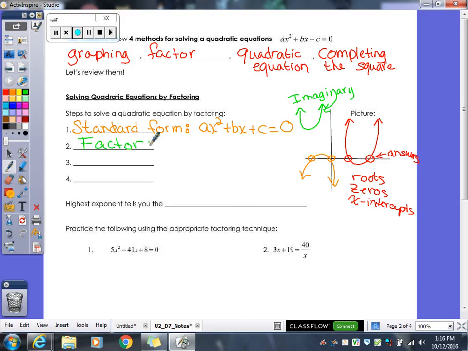Once you have it into standard form, you then go ahead and start factoring. You set your factors equal to 0. And then you solve each of your factors.